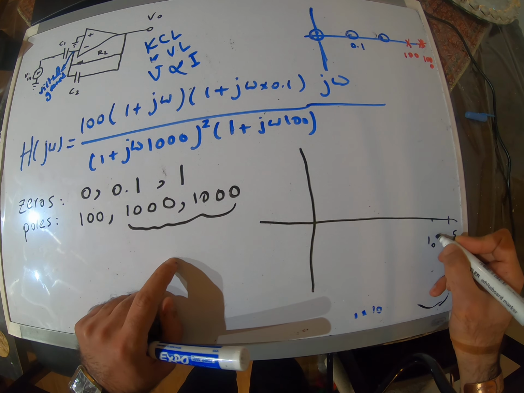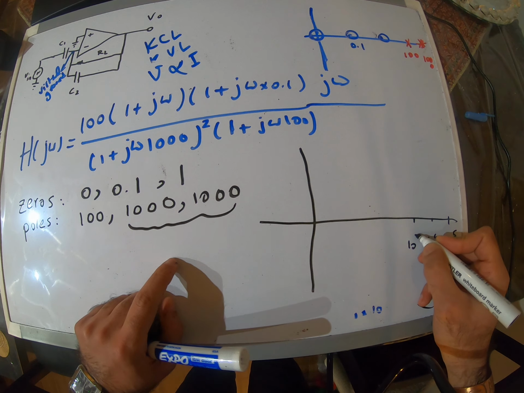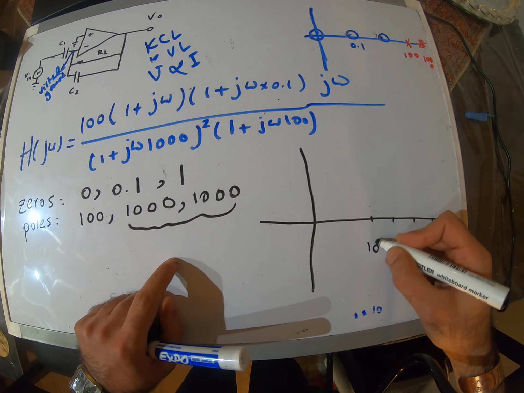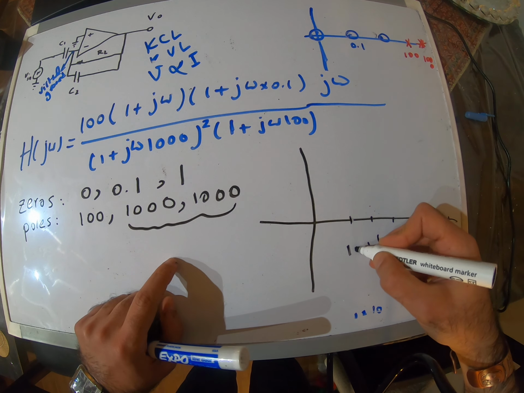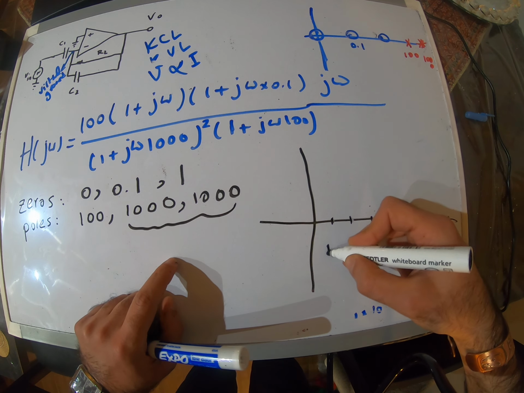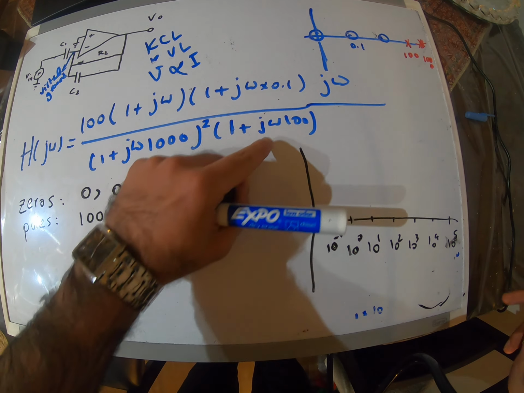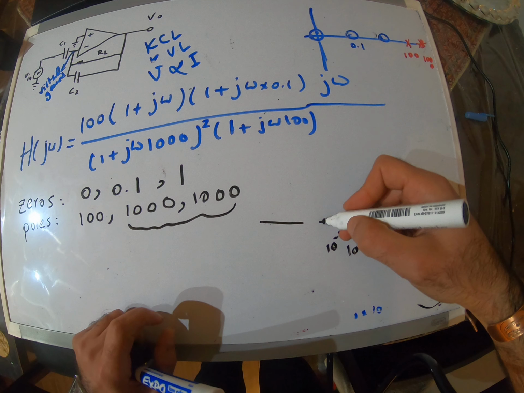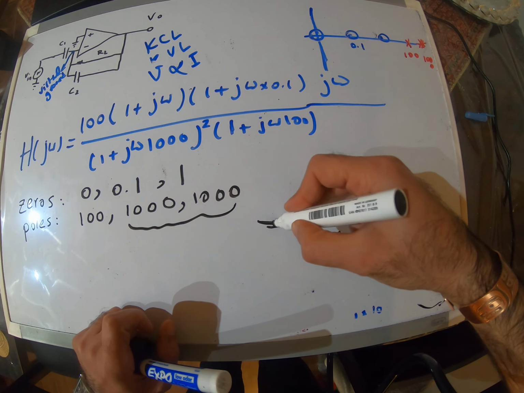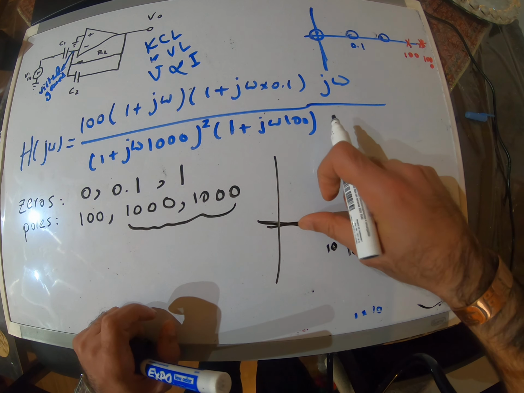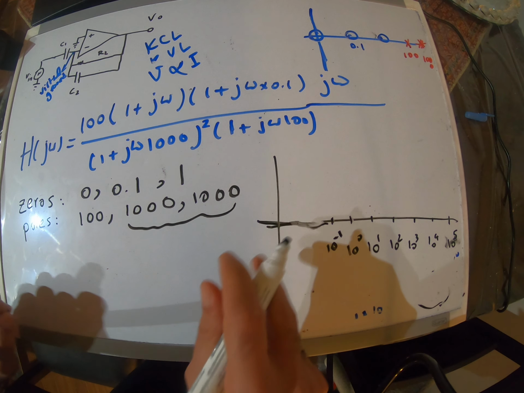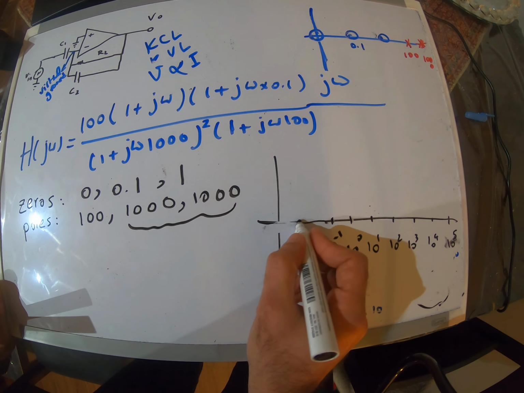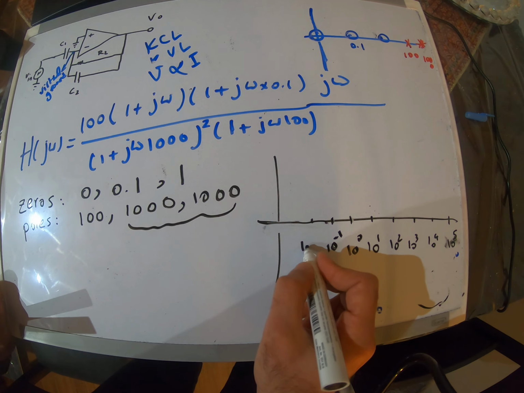This is 10 to power 4. This is 10 to power 3, 10 to power 2, 10 to power 1, 10 to power 0, 10 to power -1. And that's what I was saying, we don't actually have an origin for the horizontal axis here. You can go as small as you want depending on your problem. So here I'm just going to go to 10 to power -2.